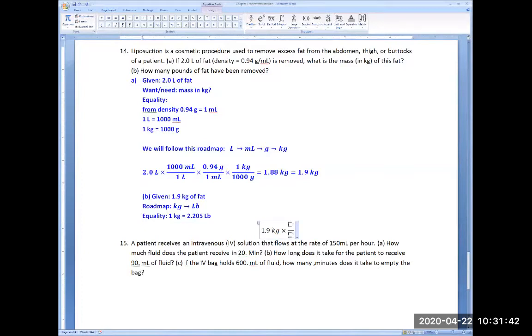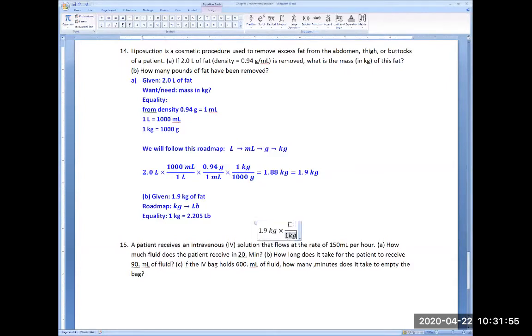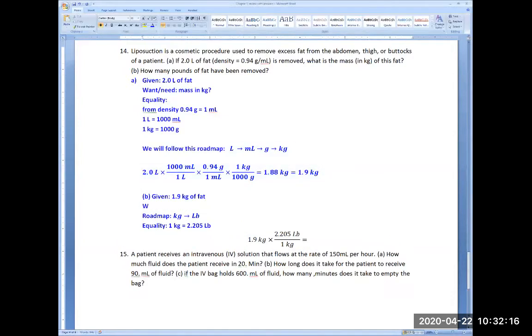So we want to cancel the kilograms that are in the numerator with kilograms in the denominator. So the equality will be written such that the 1 kilogram will be on the bottom. So we cancel the kilograms. And then on top, we will write the 2.205 pound. And here, there's no need to add another conversion factor. That's already the unit we want.